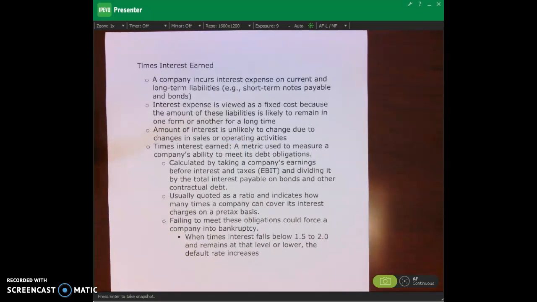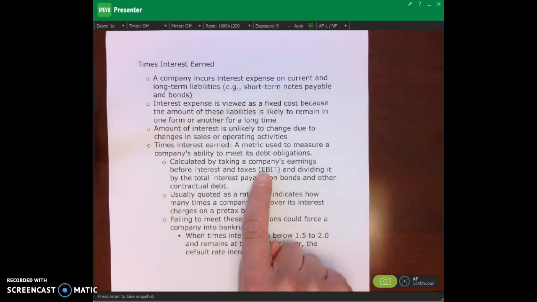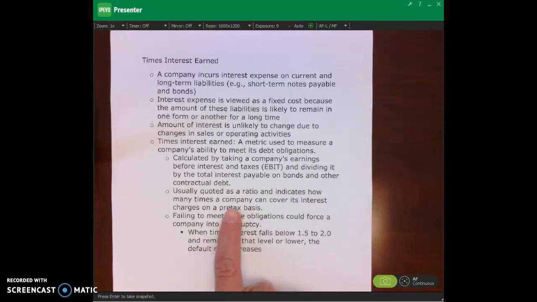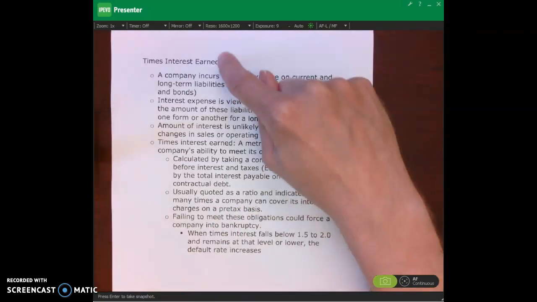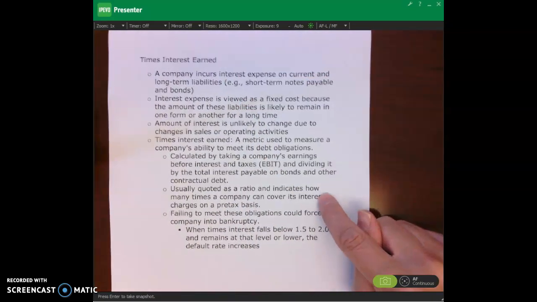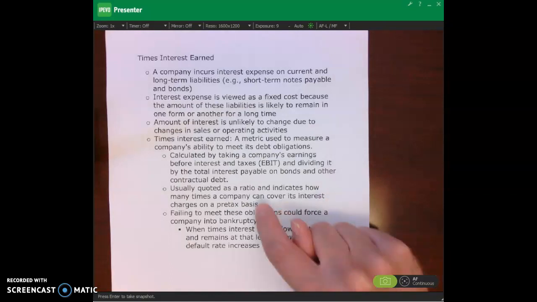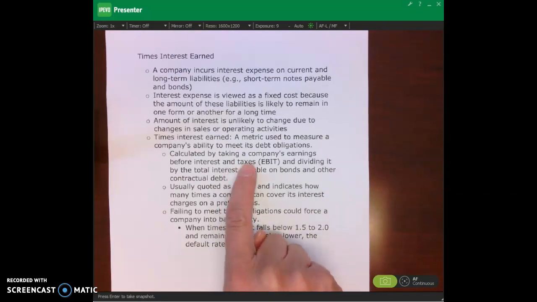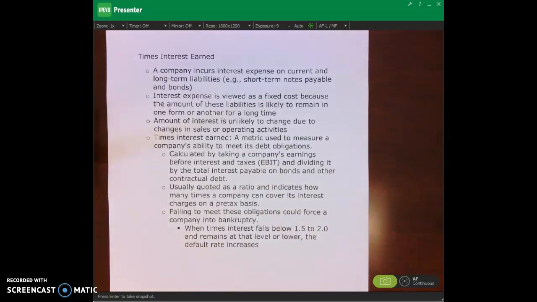The way we calculate times interest earned is we take our earnings before interest and taxes and divide it by our total interest payable. It's usually quoted as a ratio and indicates how many times a company can cover its interest expense on a pre-tax basis. That pre-tax figure is earnings before interest and taxes, EBIT.